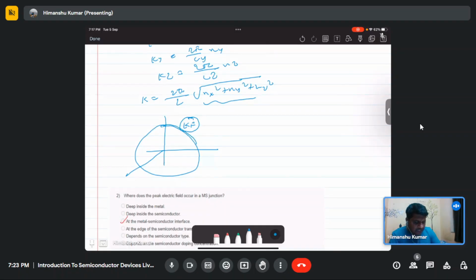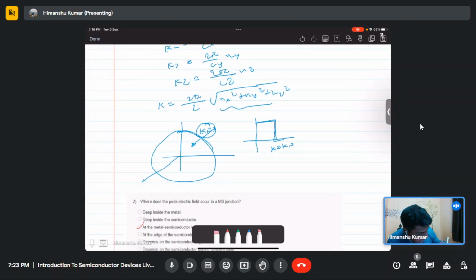And what is the speciality? All the states below the Fermi surface are completely occupied, and all the states above are completely unoccupied at 0 Kelvin temperature. At k equals kF this is the distribution, and if you raise the temperature the distribution will be like this.